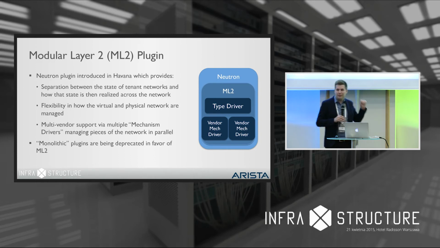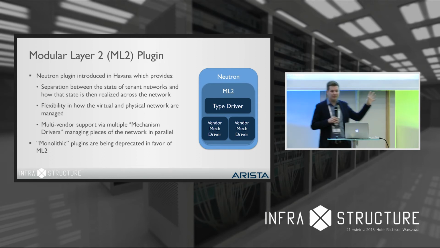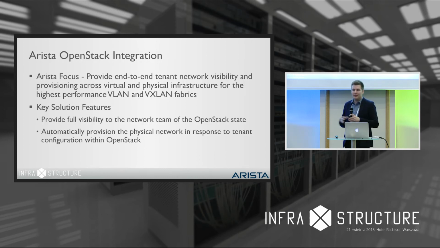So you can load a vendor-specific driver. So let's say, in this case, an Arista driver that allows OpenStack to be fully integrated with the physical network and configure those physical devices. Right? So that's providing that rich end-to-end stack from a config point of view, from a visibility point of view, that we can actually, from one point, from one controller, control both the physical and the virtual network.